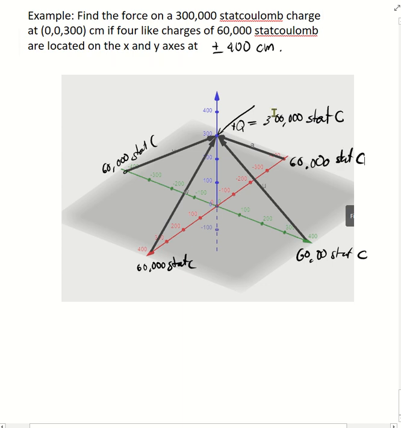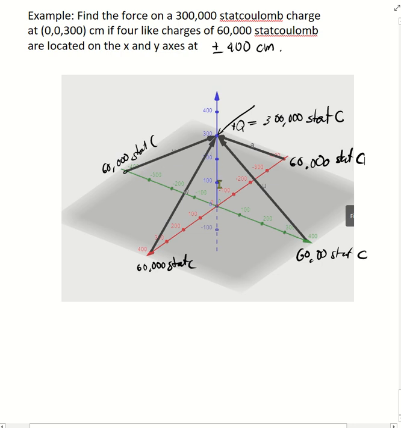And again, if we observe, what will happen? What will be the direction of the force at that point, at charge 300,000 stat coulomb? Obviously, because this is symmetrical, they have all the same charges, and they all have the same distance from each other.